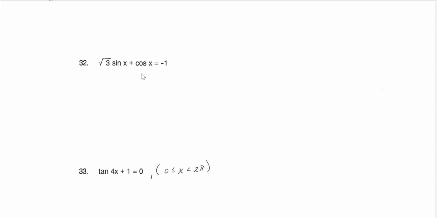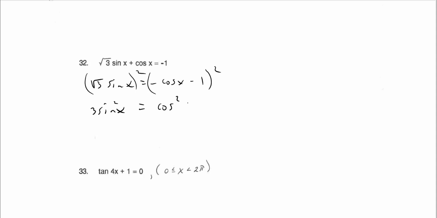So I'm going to move this over again. So we got square root of 3 sine of x equals negative cosine of x minus 1. So I square both sides. And so we get 3 sine squared of x equals cosine squared of x minus 2 cosine of x plus 1.